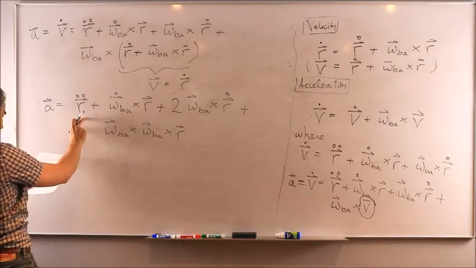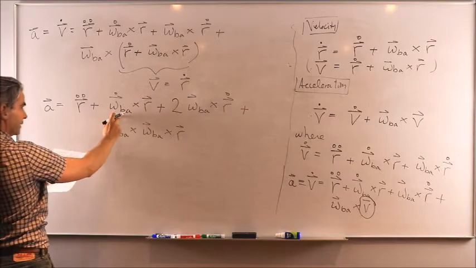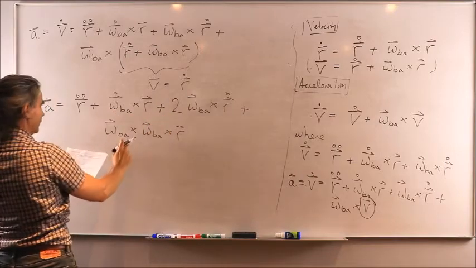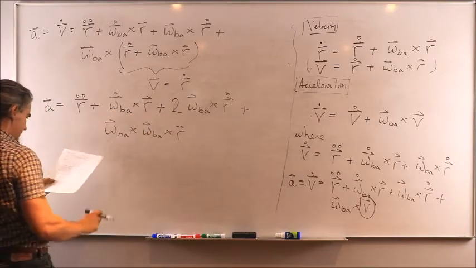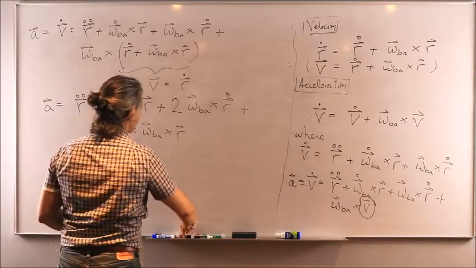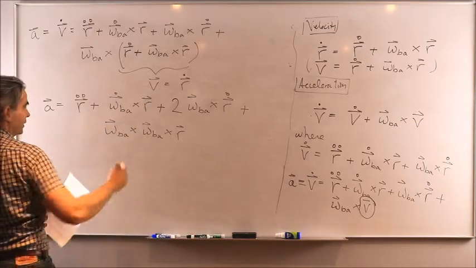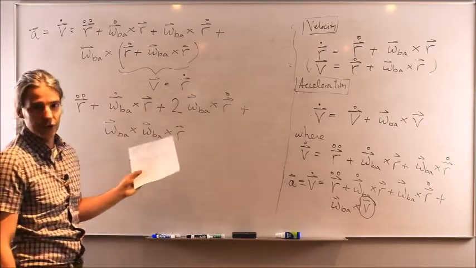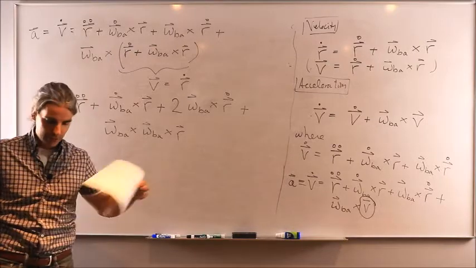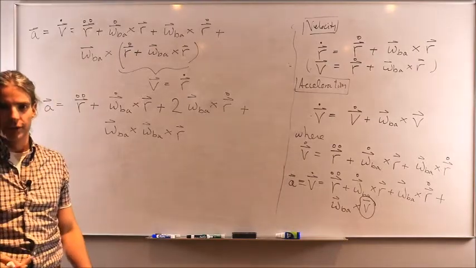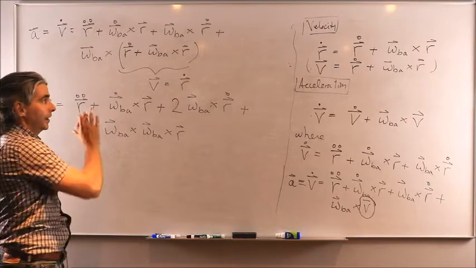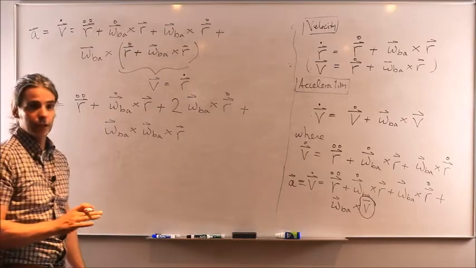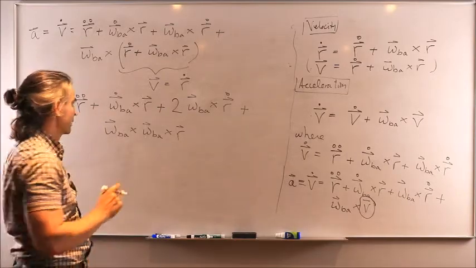Just double check. This, this, this, and that. Yeah. And this, ladies and gentlemen, is the so-called Coriolis acceleration equation that you derived, or maybe didn't derive, but used in Dynamics 2101. This time done properly as it can get.